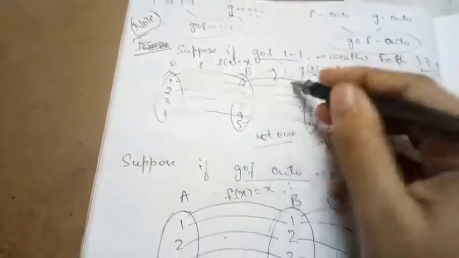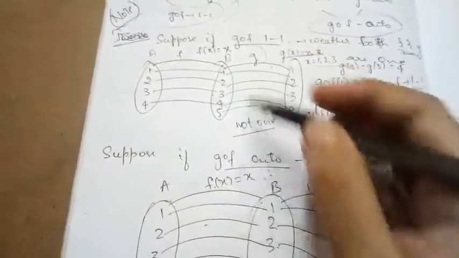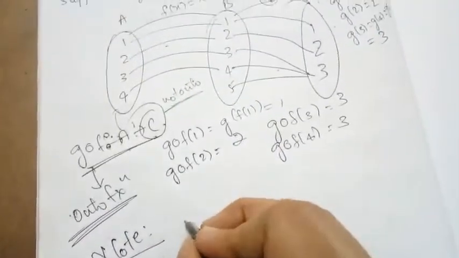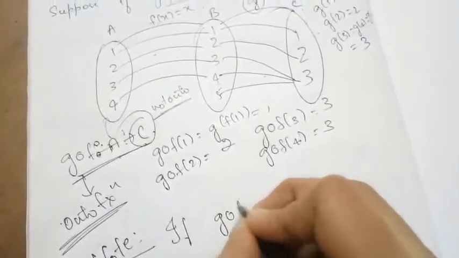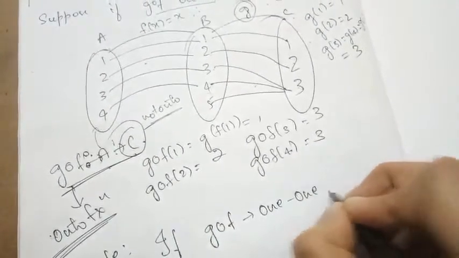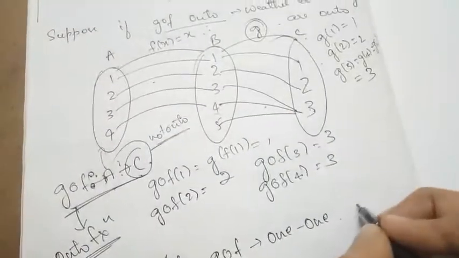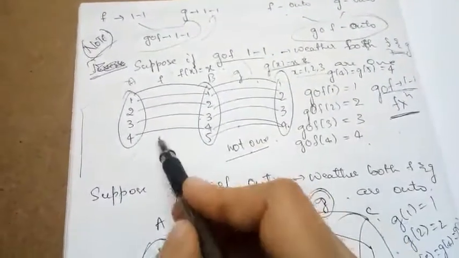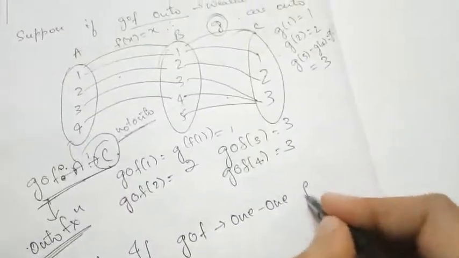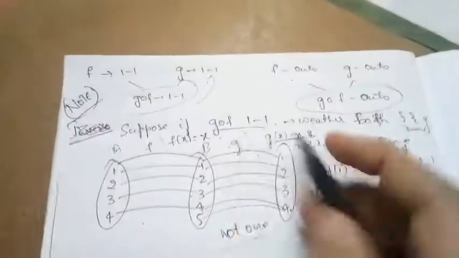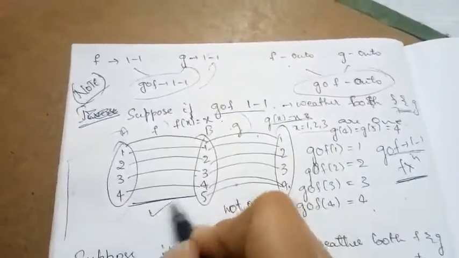With these two random examples, one thing which we can note is a proved result: if G of f is a 1-1 function, then clearly f is also a 1-1 function. G of f is 1-1 means function f is also 1-1.